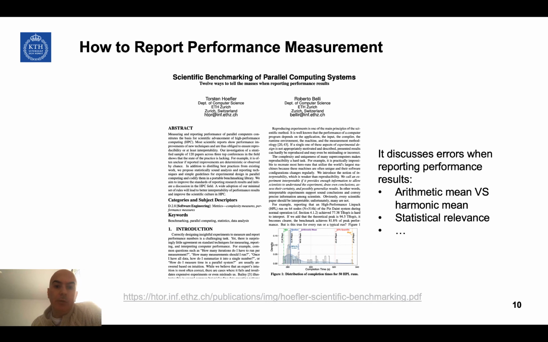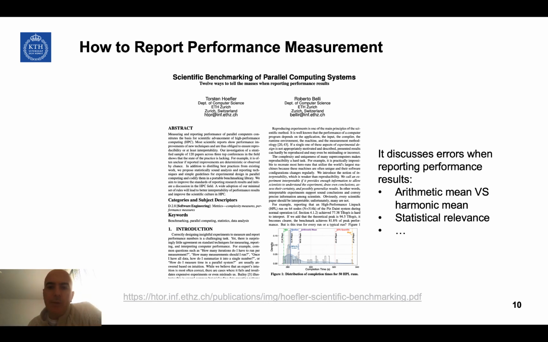So if you want to continue studying HPC and you want to do research on HPC, it's very important that you look at this very important paper, Scientific Benchmarking of Parallel Computing Systems by Torsten Hoefler and Roberto Belli. It discusses different errors that we make when reporting performance results.